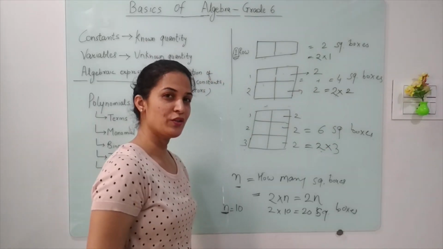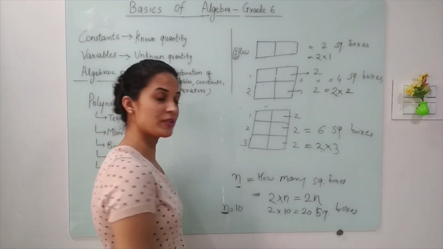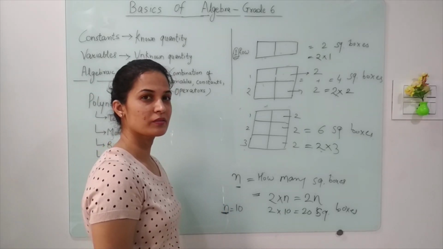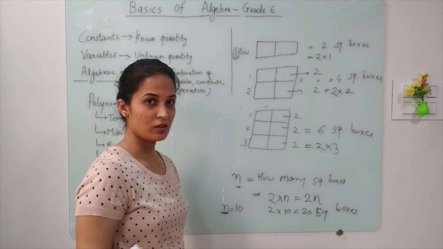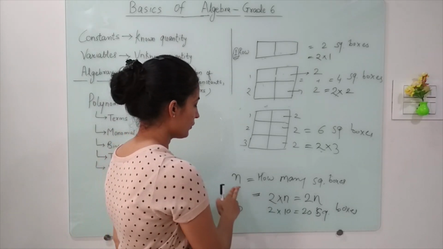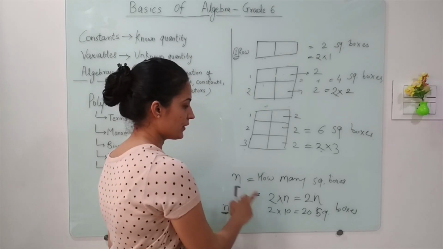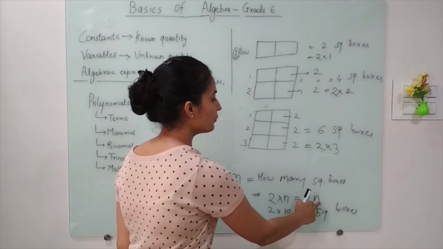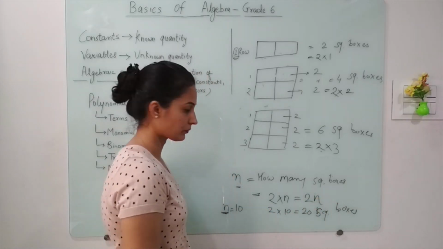So now, can you tell me how many square boxes will be formed for n number of rows? For your knowledge, I am going to write the answer here. In n number of rows, there will be 2 multiplied by n, which is equal to 2n square boxes.